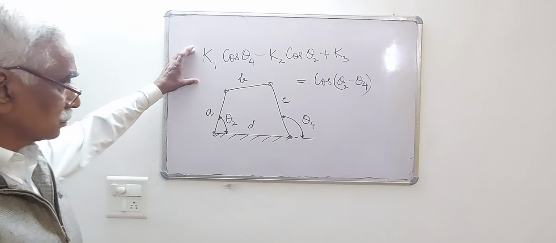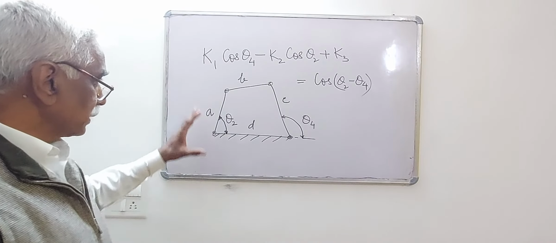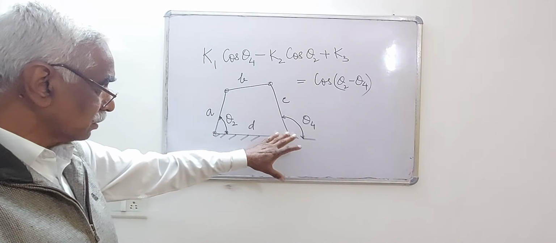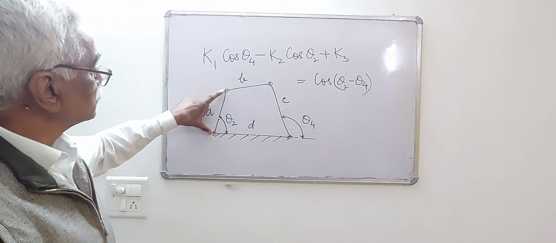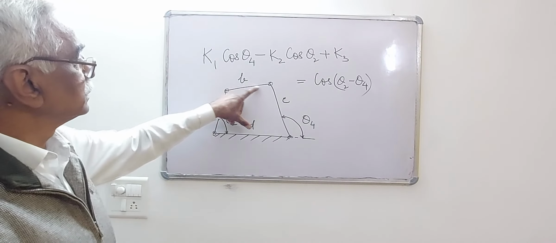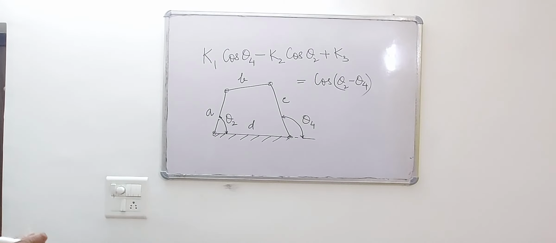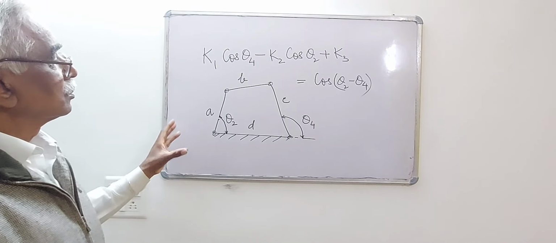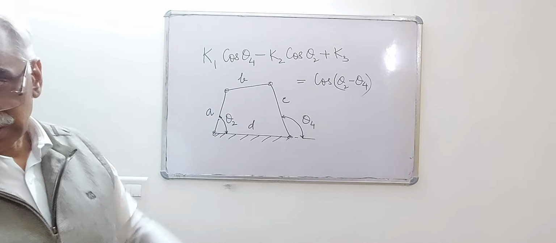K1, K2 and K3 are the constants which are dependent upon the value of theta 2 and theta 4, the input link angle and output link angle. So all the dimensions of the 4-bar linkage can be determined with the help of this equation.